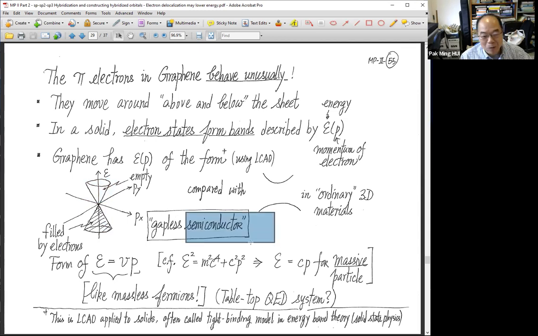So that's why people say graphene is a gapless semiconductor. But more happily, many physicists, now chemists and material scientists, find this to be a playground for QED systems. For the reason that this cone means a linear dispersion. So this one is linear.